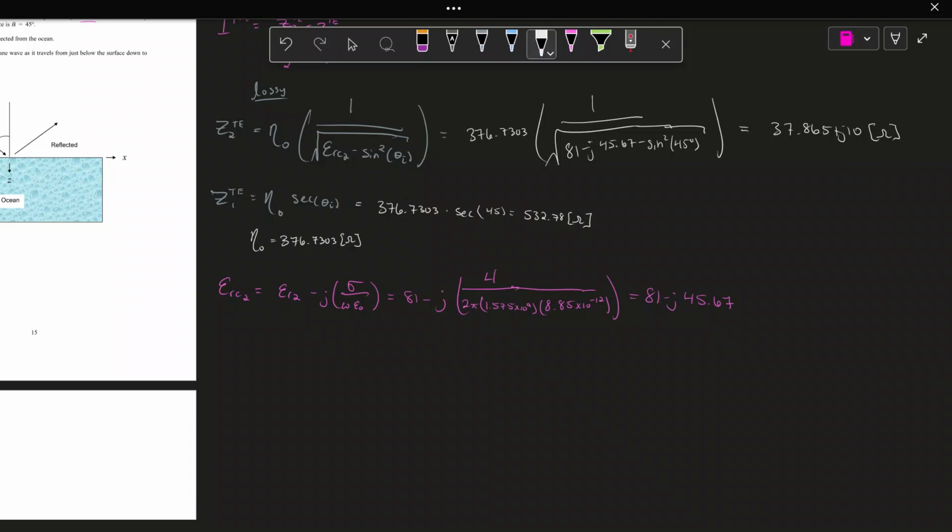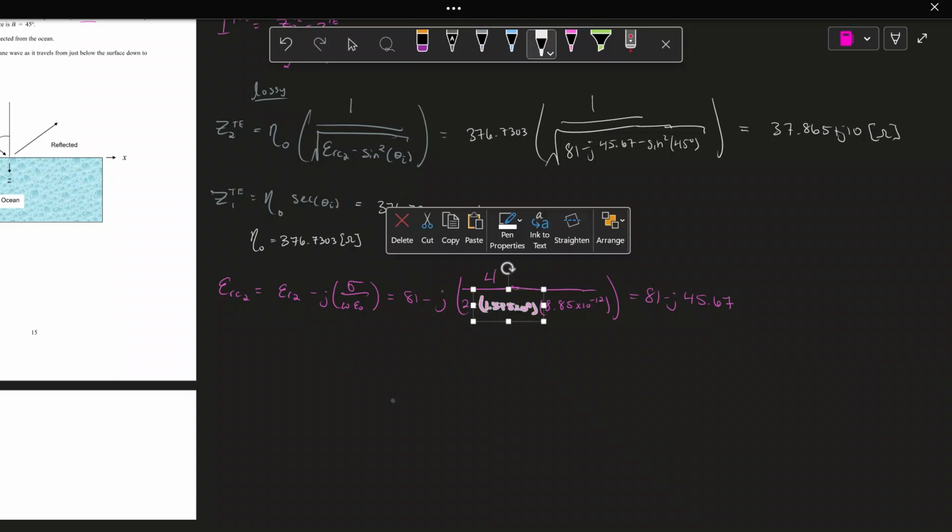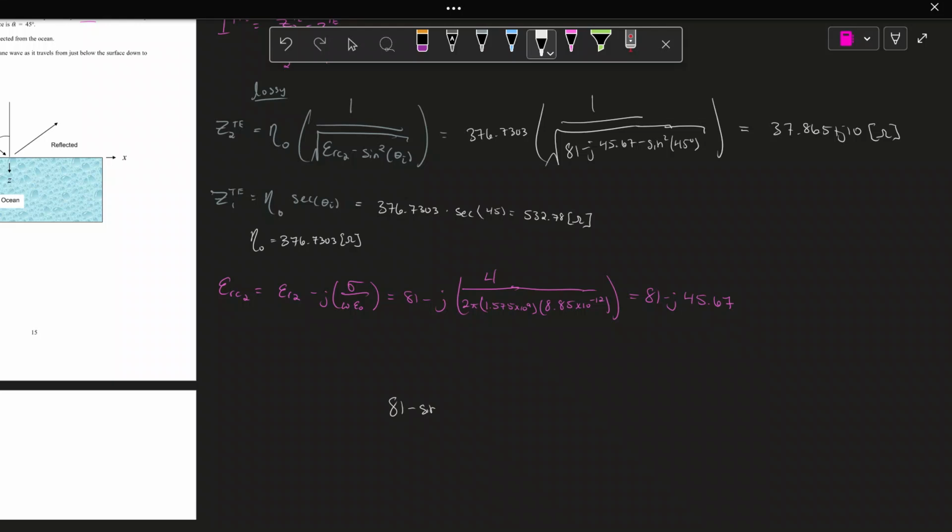But for people that don't have this calculator function, what you can do is 81 minus sine squared. You want to get the real portion and the imaginary portion apart. This ends up getting you 80.5, so this becomes 0.5. I believe that's right? Let me do it on my calculator real quick, actually. That should be right, though. Sine.